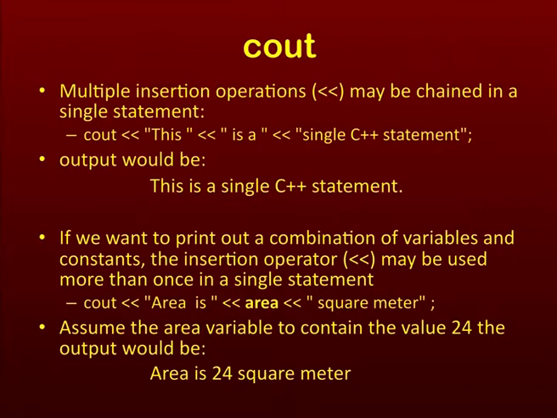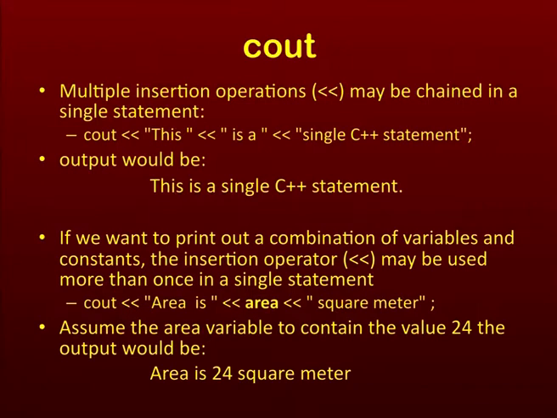Now, you can see that we have used here 1, 2, 3 operators in the single statement and all of them are putting the data in a sequential fashion. Whatever is written first in the statement will be printed first. If we want to print out a combination of variables and constants, the insertion operator, that is <<, may be used more than once in a single statement again. How?